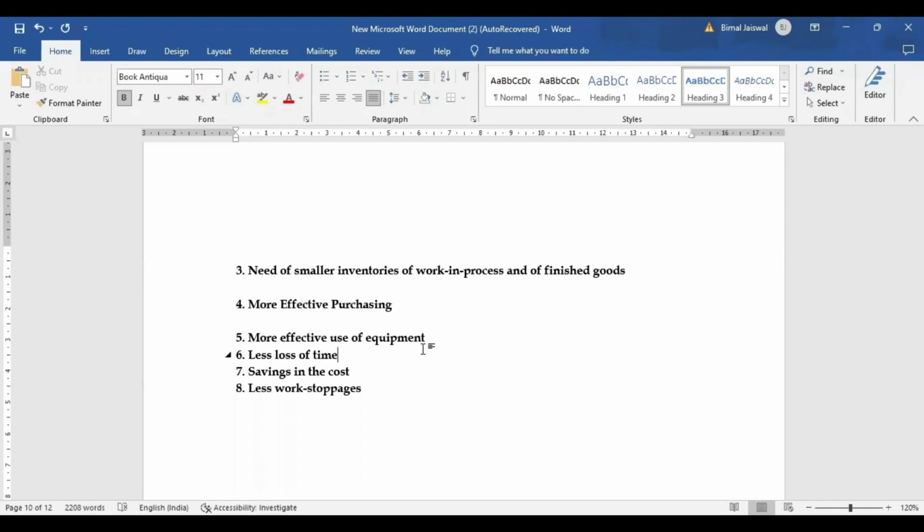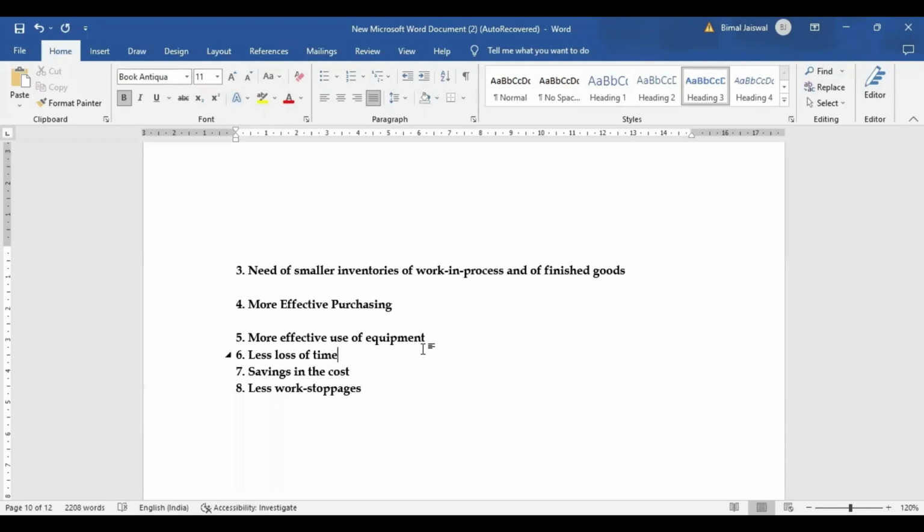Time plays an important role. Demand today may not exist tomorrow. If the demand exists today, then the production has to make the goods available today itself, because tomorrow there will be delay. So, less loss of time.